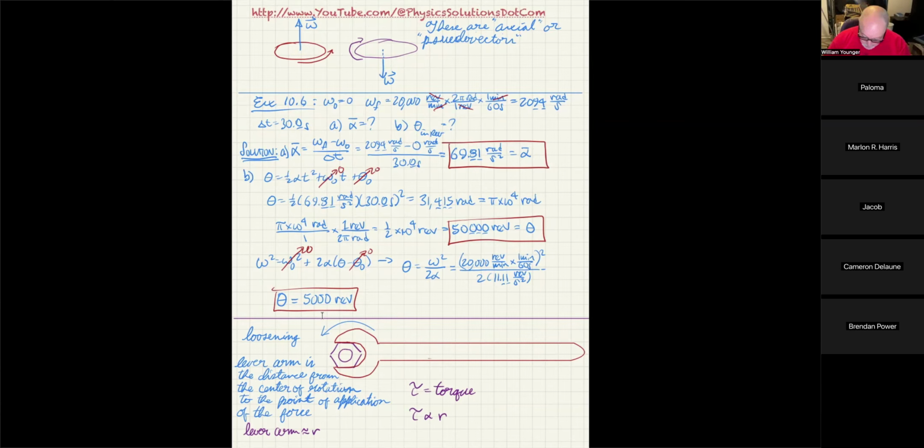But anyways, we do see that because putting my hand at A produced a smaller lever arm than putting my hand at B, we do see that B was more likely to give us more torque. So what we see is torque and lever arm thumbs up, thumbs up. If you increase the lever arm, you increase the torque. And of course, increasing the torque means you have more success at possibly loosening the bolt.